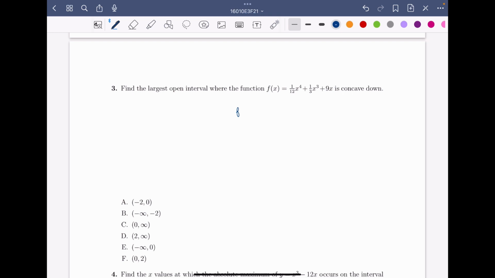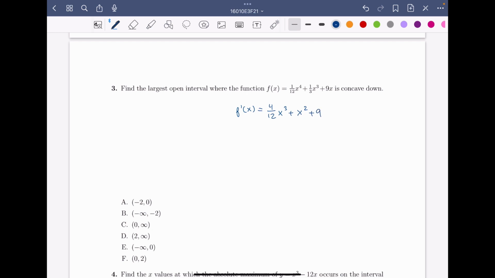So the first derivative, f prime of x, equals 1/12 times the derivative of x to the fourth, so that would be 4 over 12 x cubed, plus 1/3 x cubed, so that'd be 1/3 times 3, which is 1, and then x squared, plus the derivative of 9x, which is 9.